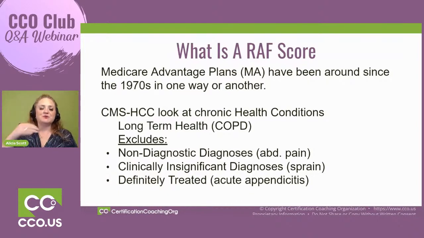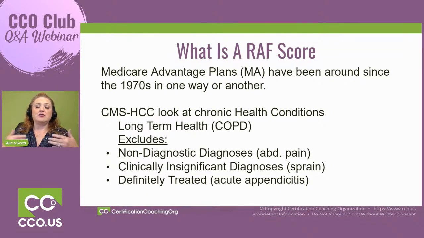Anyway, so a RAF score, risk adjustment factor. Medicare Advantage plans use these, but others use it as well. And for the most part, MA plans have been around since the 70s, just in different formats, and they've had a little bit of a different title or name to them.